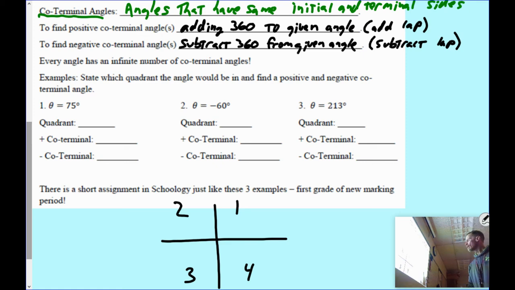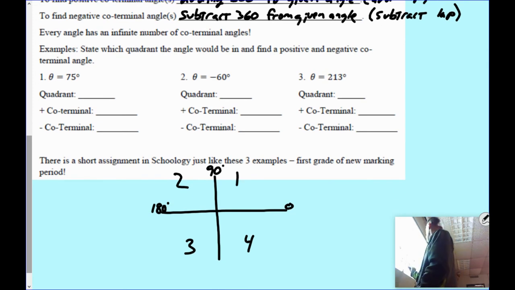Okay. Also remember what your angles are on the actual axis. So again, in that positive direction, we'll start with 0, 90 degrees up there, 180 down over here, 270 on the bottom y-axis, and then back up to 360.